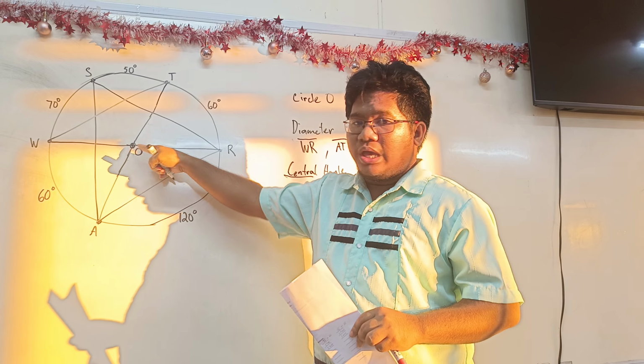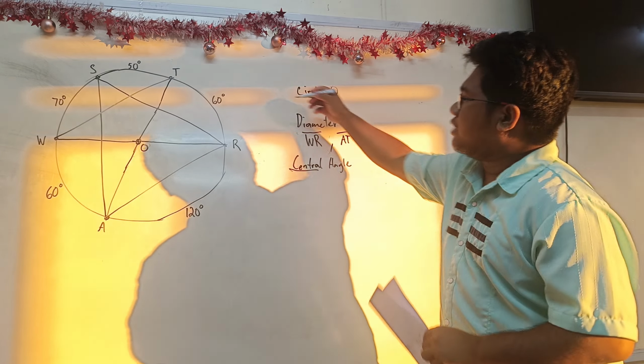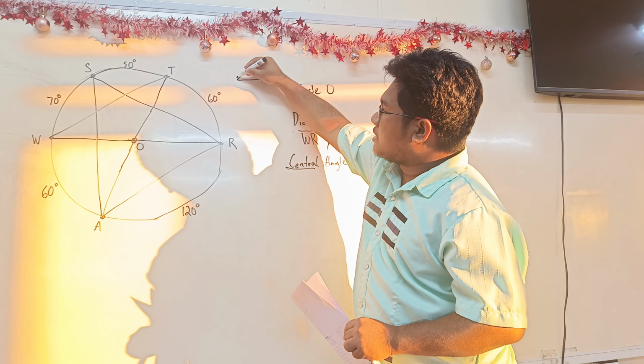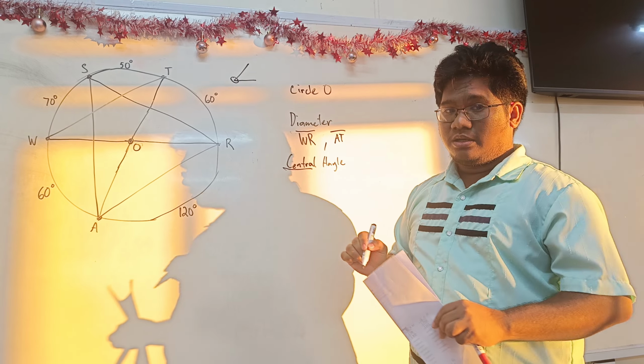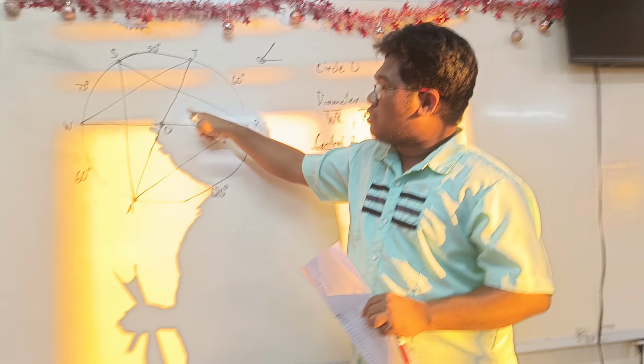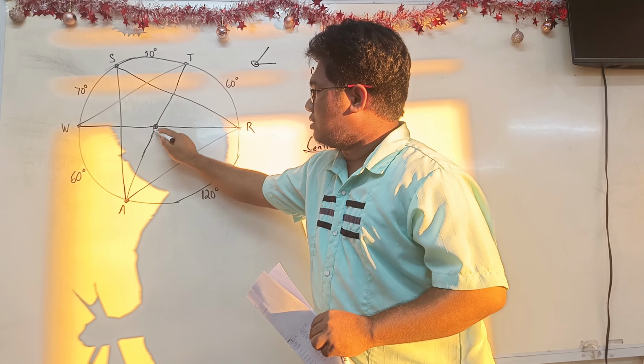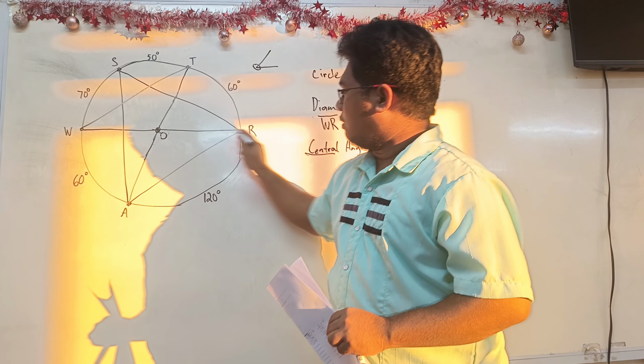When we say vertex, let's say we have an angle. Vertex, ito. Let's find it sa ating circle. Again, dapat ang dulo yung gitna.